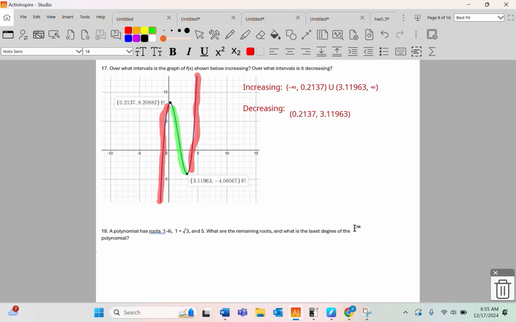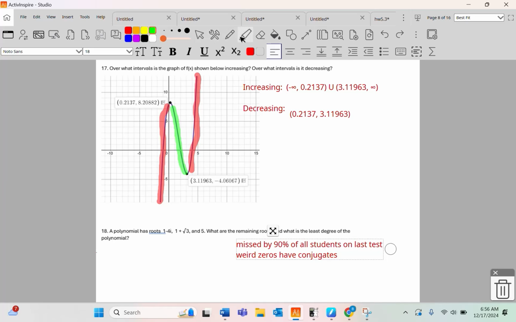18 was probably missed by probably 90% of all students. I mean, it was bad, which is why I included it. And I guarantee you'll see something like that on your test. But the idea was that weird zeros have conjugates.